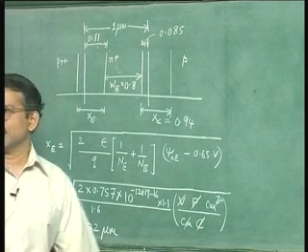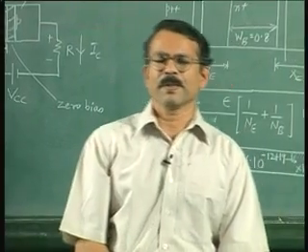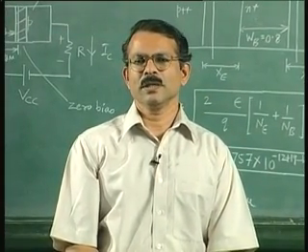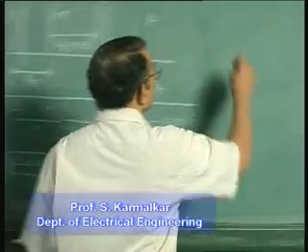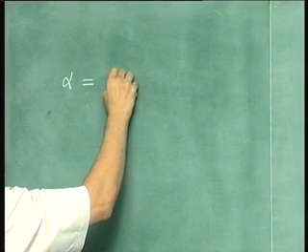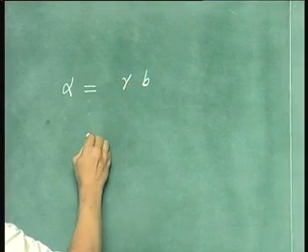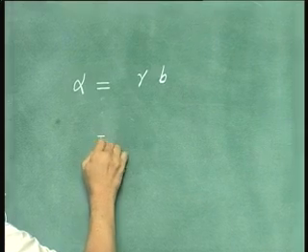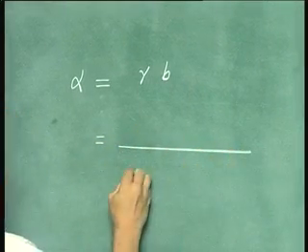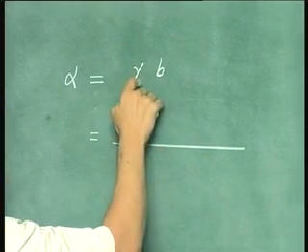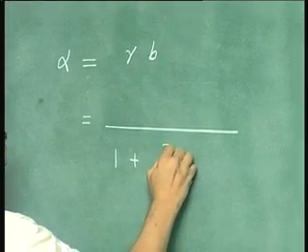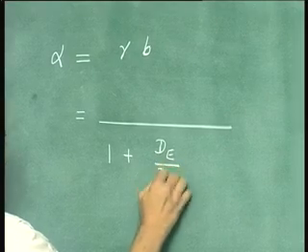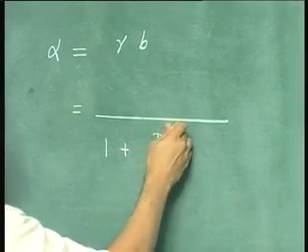Now alpha is given by, we had discussed this in the previous lecture, we had written down the equation. I will reproduce that equation here. Alpha is equal to the injection efficiency into the base transport factor, which is nothing but 1 over 1 plus dE by dB into WB by LE into NB by NE, because it is IEN by IEP.